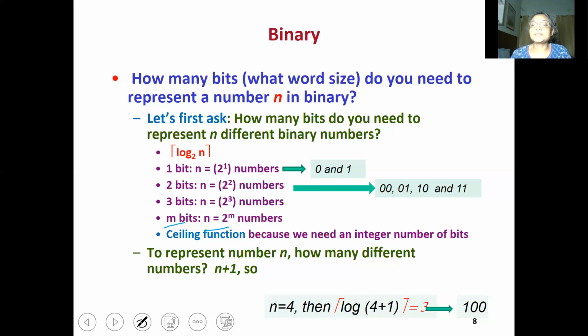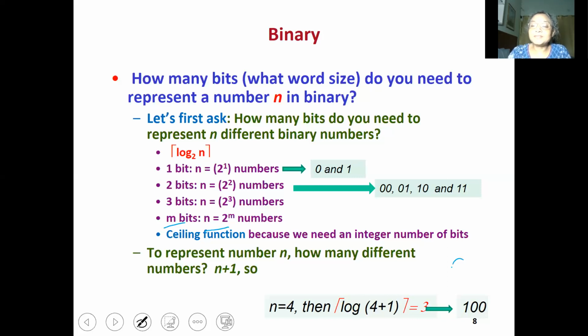If you use 5 bits, you can represent 0 to 31. 6 bits, you can represent 0 to 63. 7 bits, 0 to 127.